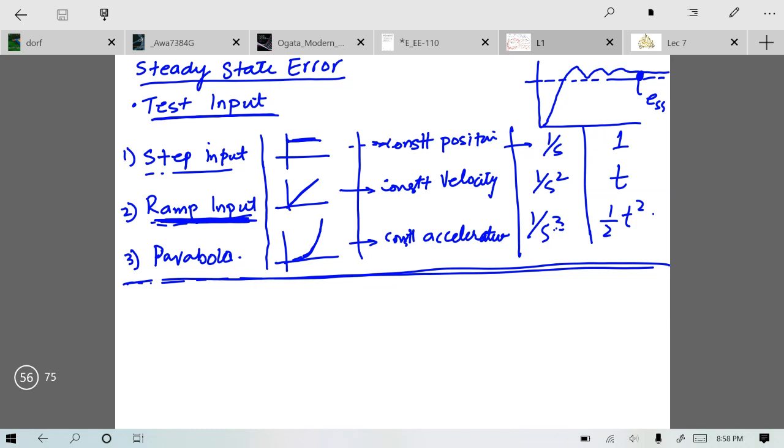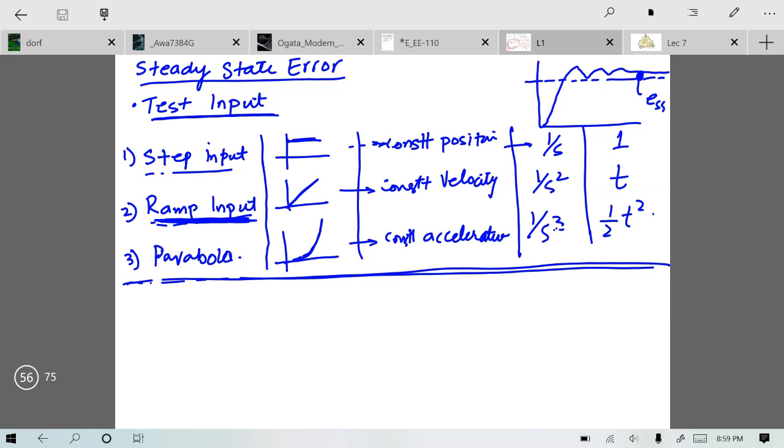So let's evaluate steady state errors for some of our systems. By the way, what can be the cause of steady state error? If, for example, you set your cruise control of your car at 120, and it is going at 119, then this 1 kilometer per hour is the steady state error of your car.